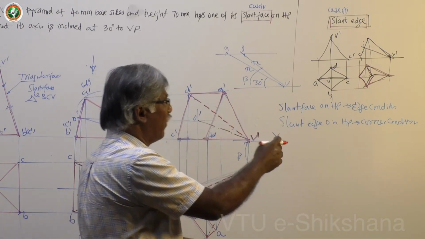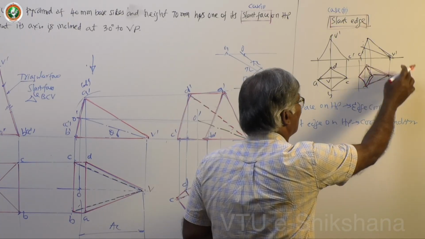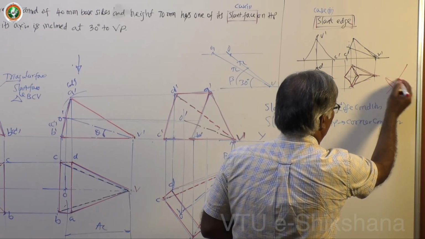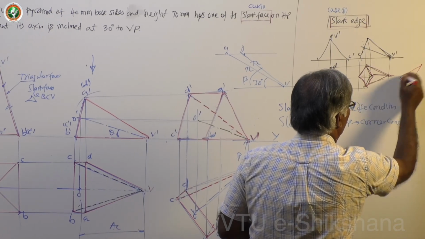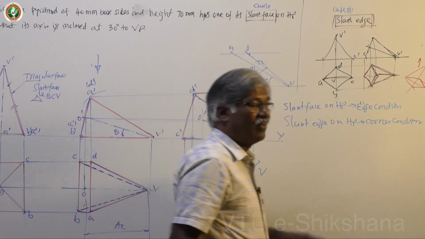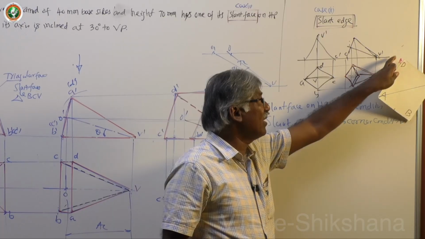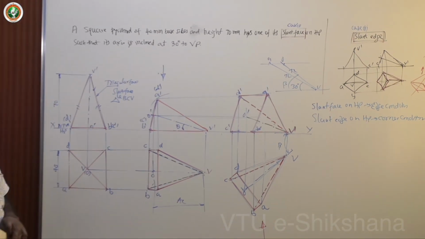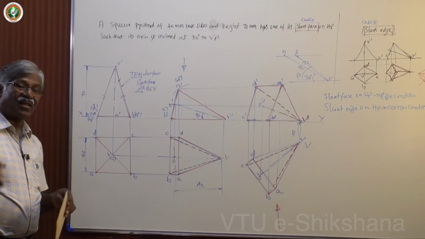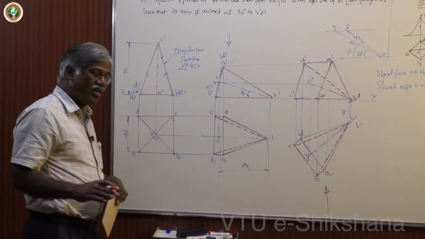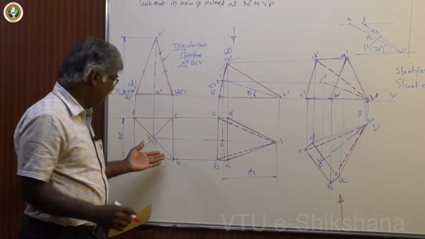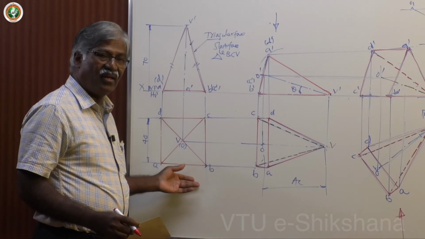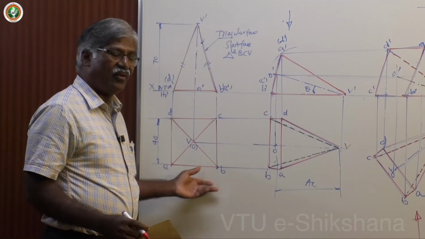You measure apparent length, this becomes apparent length, find beta, then redraw the figure. So, this is how you get the problem solved for this. Then you get final front view. Base is visible. You can take this away, then base is not visible. So, this is how you can complete the set of problems which are having slant face on HP, slant edge on HP. It may be triangle shape or pentagon or hexagon, any shape base you can carry out.